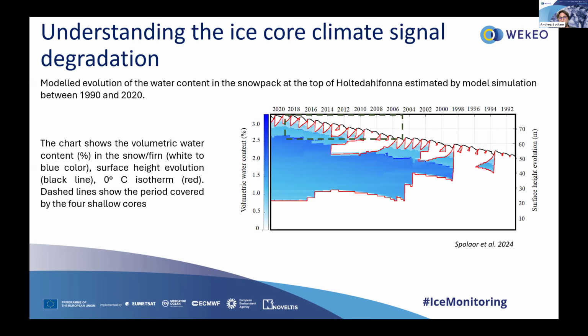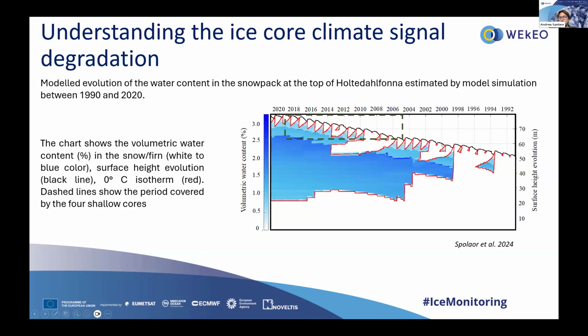To support these ideas, we can use modeling. This is a model simulation of the water percolation into the glacier. The black line is the snow surface, simulated from 1992 to 2023. The red line is the isotherm in terms of depth, so how far the 0 degree line goes into the snow.